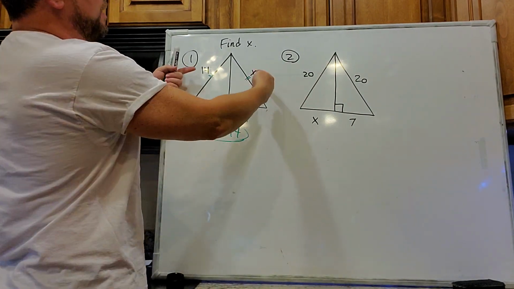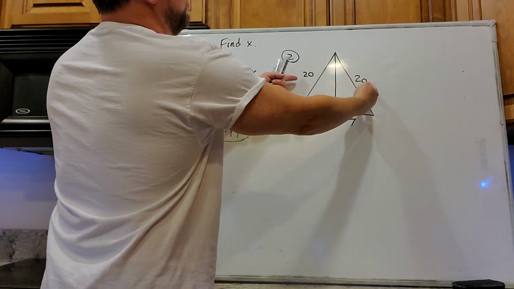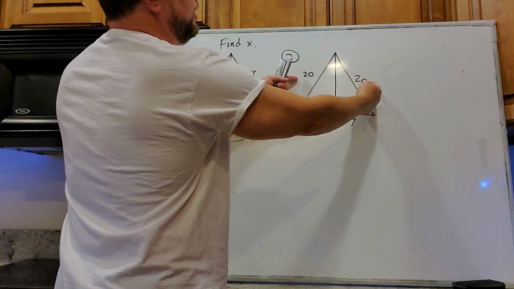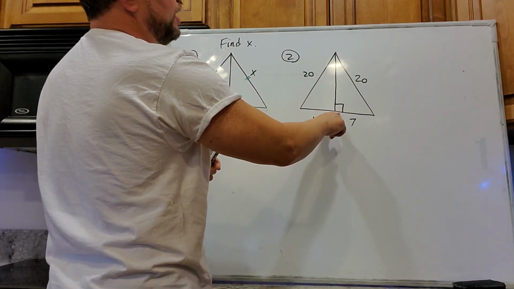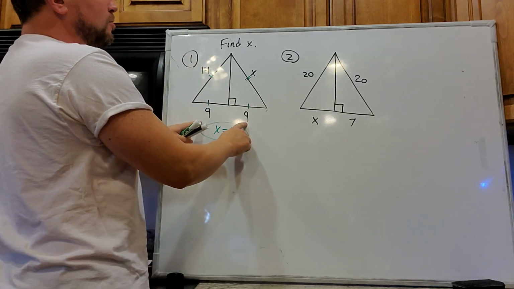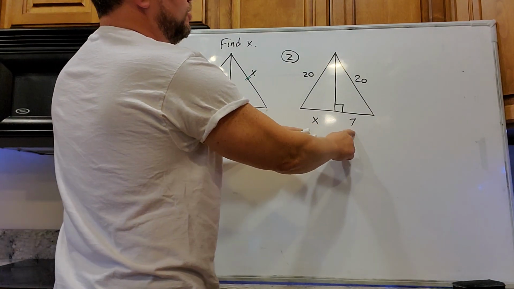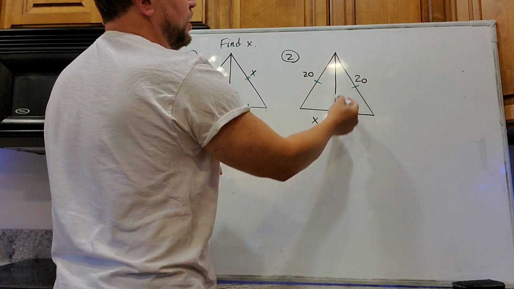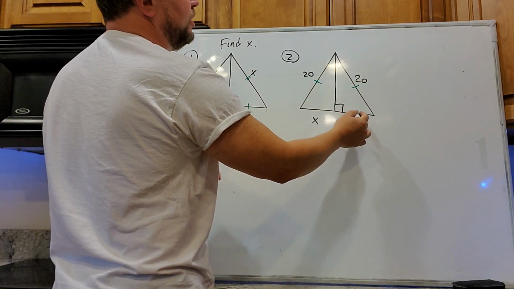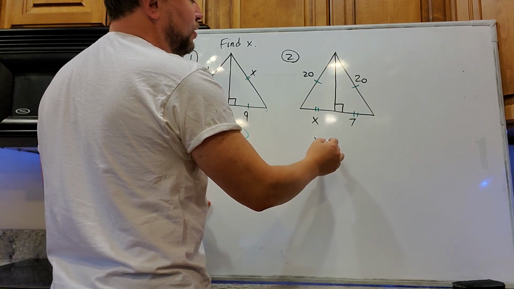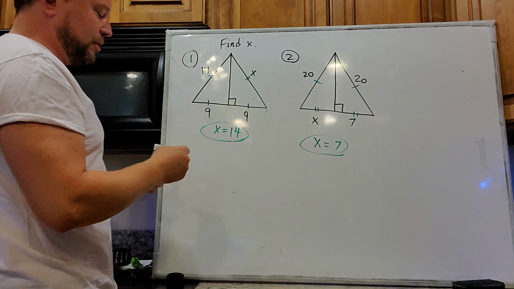So if I already know that those two sides matched here, and I know that this is a right angle again, then I know these down here will have to match as well, like I already knew on the previous one. So if these match and that's a right angle, then these down here have to match. So again, an easy problem here. That one's just x equals 7.